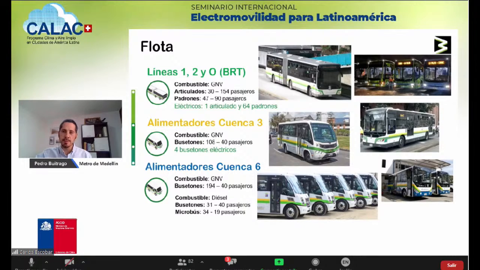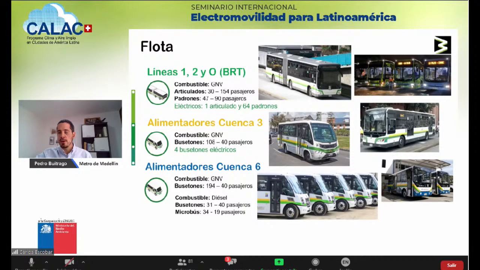You can also see some pictures on the bottom part, and this is an initiative taken by the private sector. They are very well aware of diesel fuel and have had some experience with natural gas, and they decided to bet on and to be part of this transformation or migration towards electromobility.